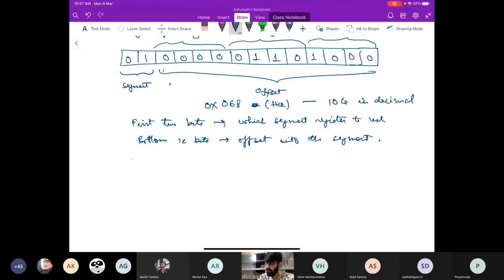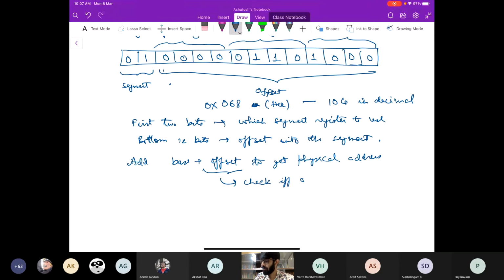So again, add base plus offset to get the physical address, and also check if the offset is less than size to find if the access is legal. Okay.